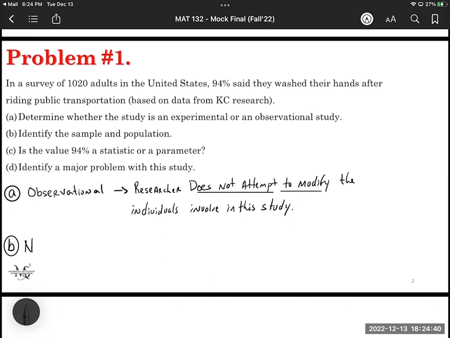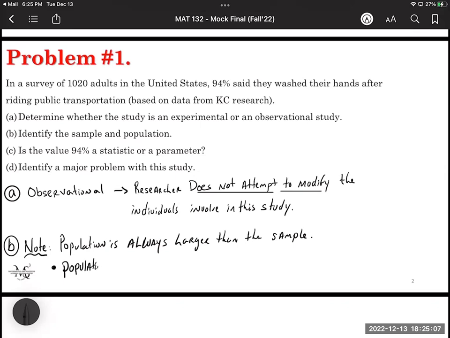So note, the population is always larger than the sample. So we have to figure out what is the population, and then we could figure out what's the sample. So what do you think is your population, or what is your sample?